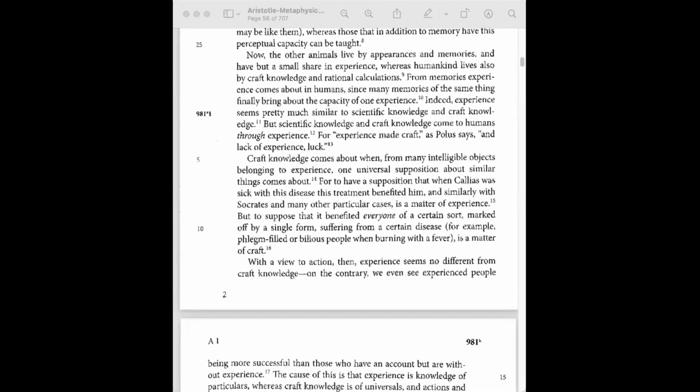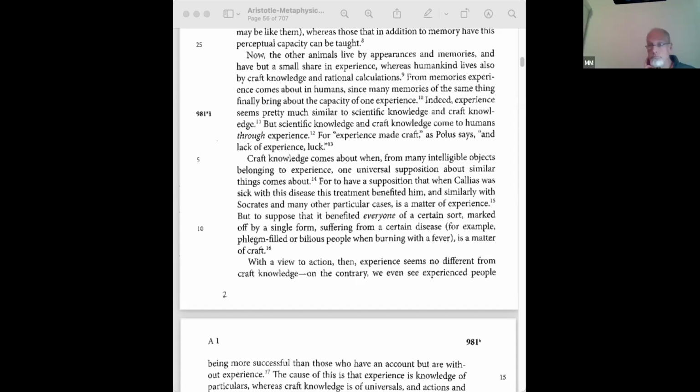But to suppose that it benefited everyone of a certain sort, marked off by a single form, suffering from a certain disease, for example, phlegm-filled or bilious people when burning with a fever, is a matter of craft. Should I keep going?